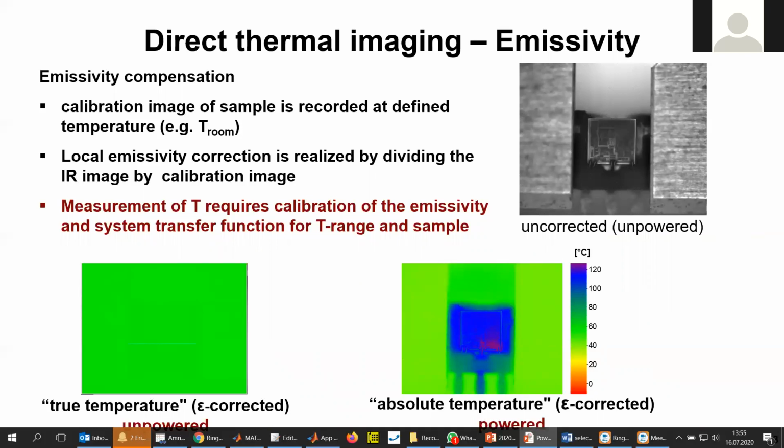If one wants to measure actual, absolute temperature values, the calibration has to be carefully done, and it needs to address not only the emissivity of the sample, but also the system transfer functions for the individual temperature ranges that are to be investigated.